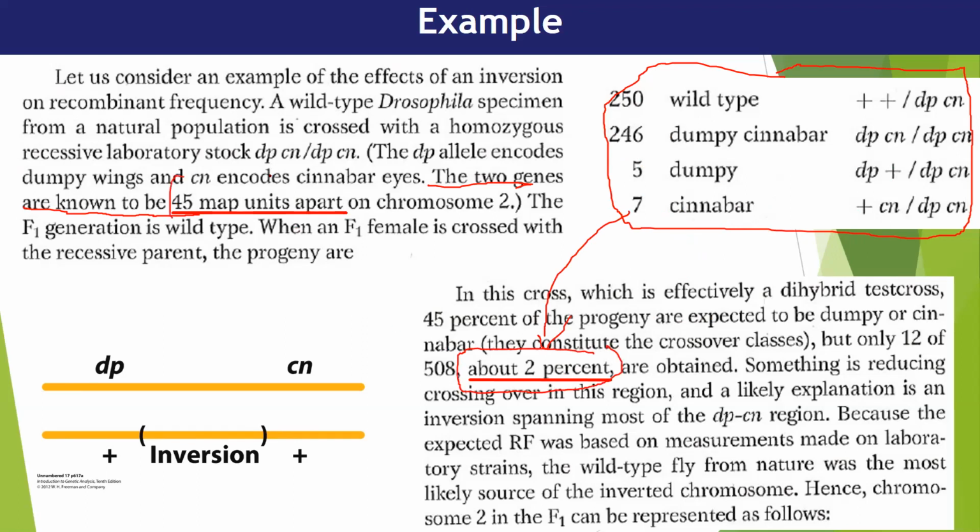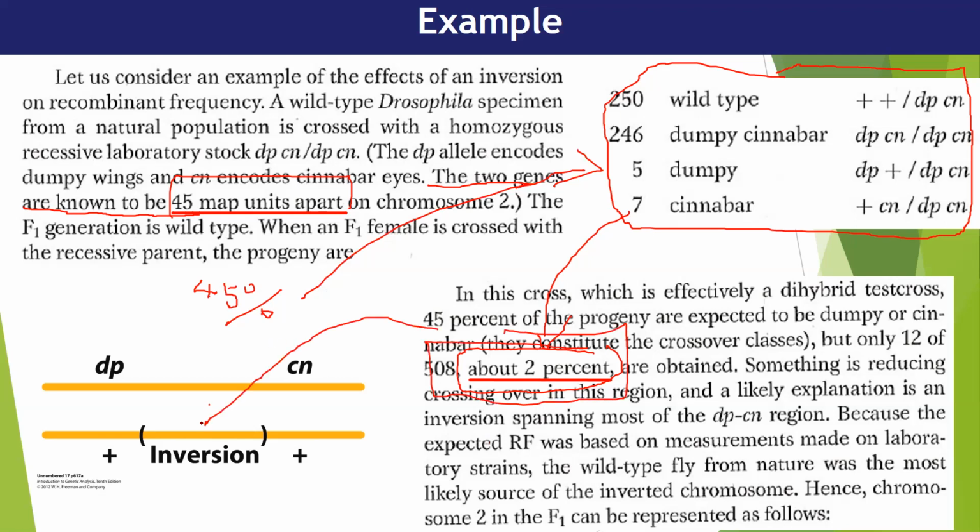Suppose these two genes are that far apart, 45 map units. We are supposed to see 45% recombinants from this test cross. However, in reality, we only see 2%. Why?